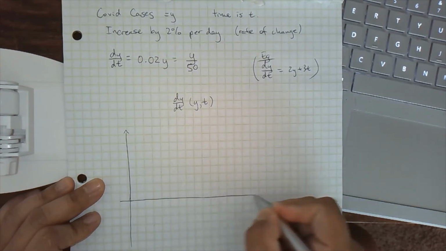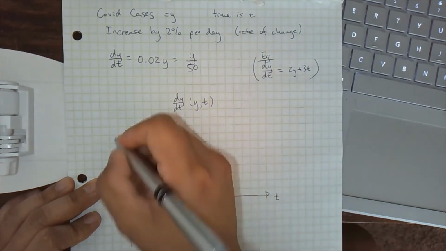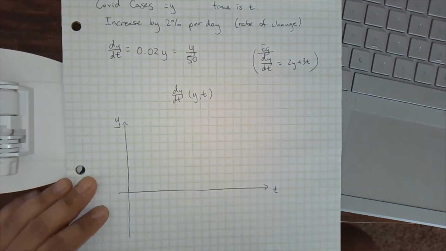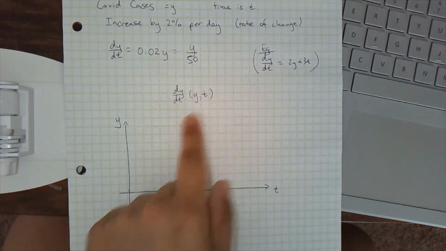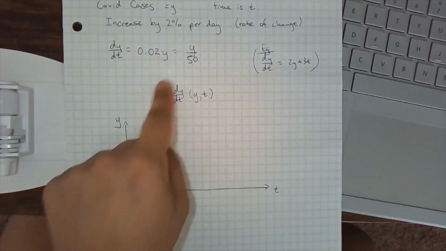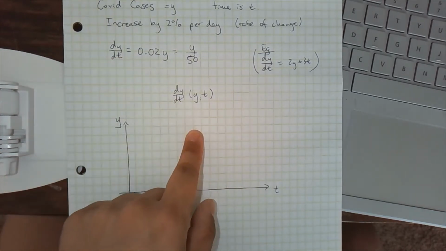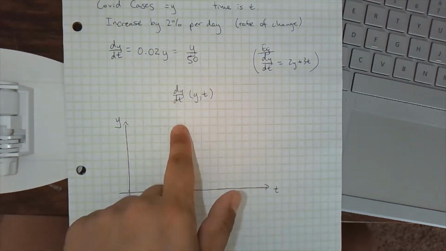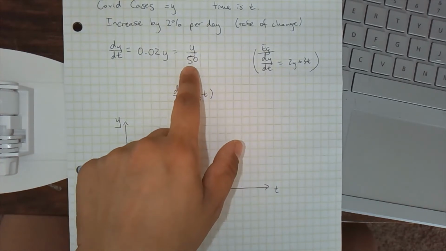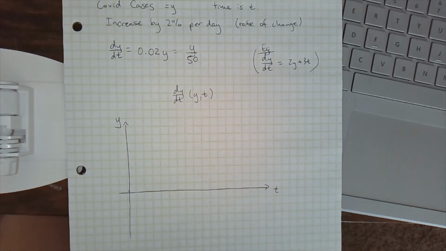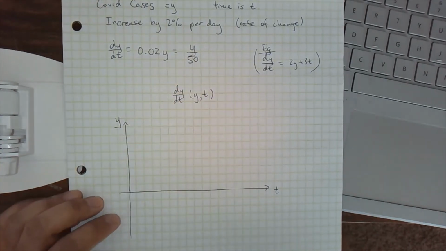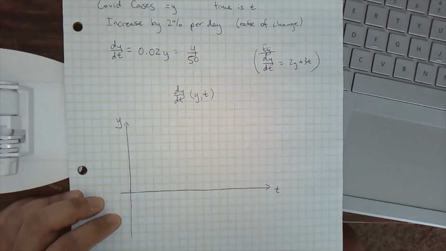Have time be positive. That means on every point y comma t on the graph, I can assign a slope. Right? Derivative is slope. Okay, so let's actually do that. And here it's only dependent on y, which actually means our function is easy. Oh, this would have been harder.